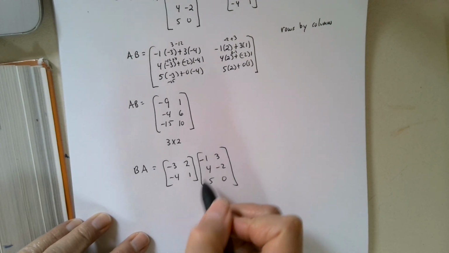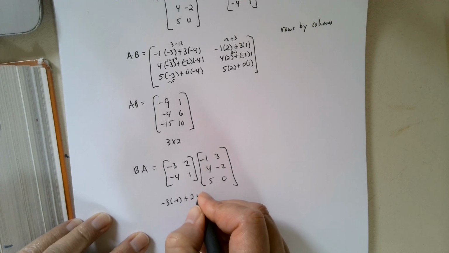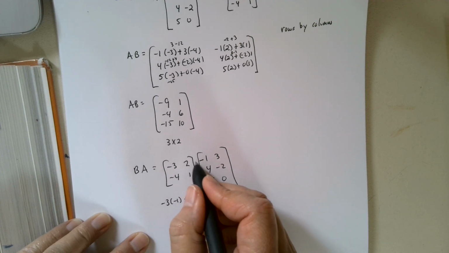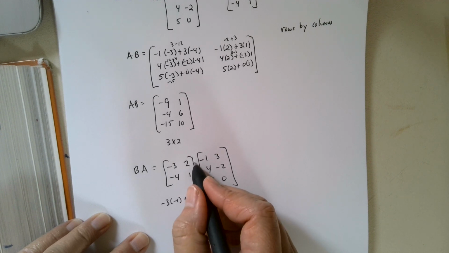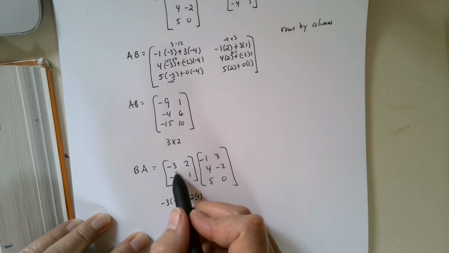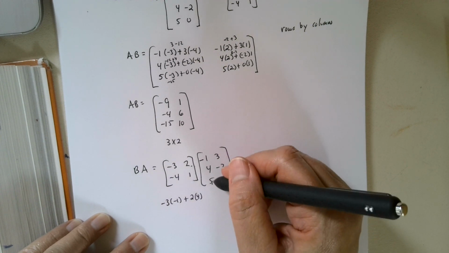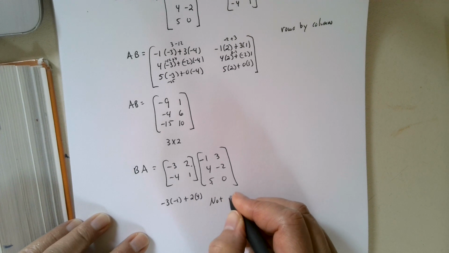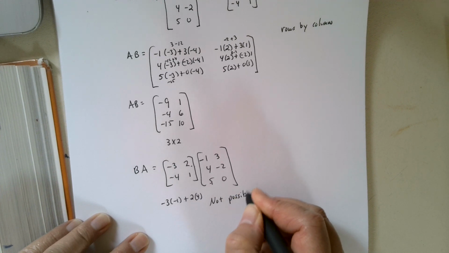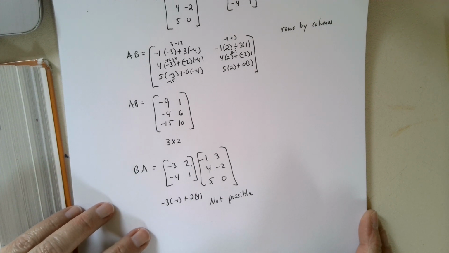So I would do negative 3 times negative 1 plus 2 times 4. But I have a third number in my column, but I don't have a third number here. I don't have enough numbers in my row to match the numbers in my columns. When that happens, multiplying is not possible.